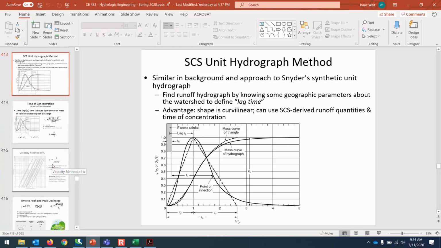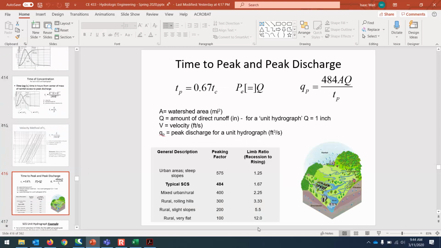And that typical shape can be influenced by additional factors over and above the effect of the curve number on estimating the runoff excess amount.